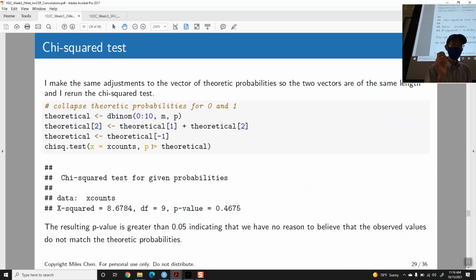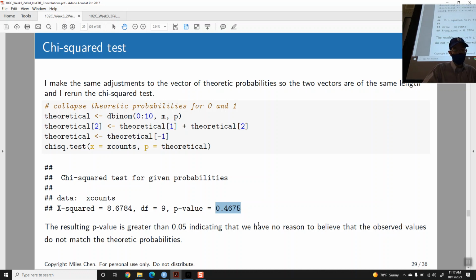And after we fix that issue by getting rid of these really low probability cells and combining them with others, the chi-squared statistic is quite a bit smaller, 8.674. And here our p-value is 0.4675, which is bigger than 5%.